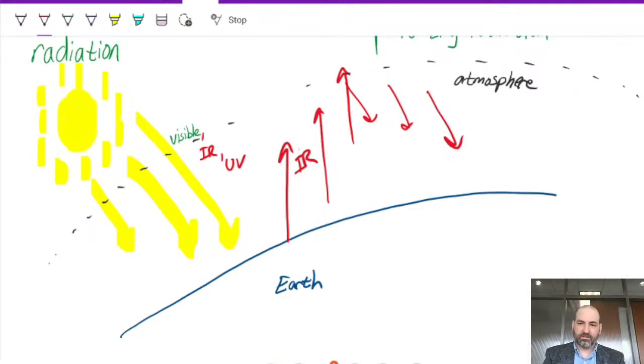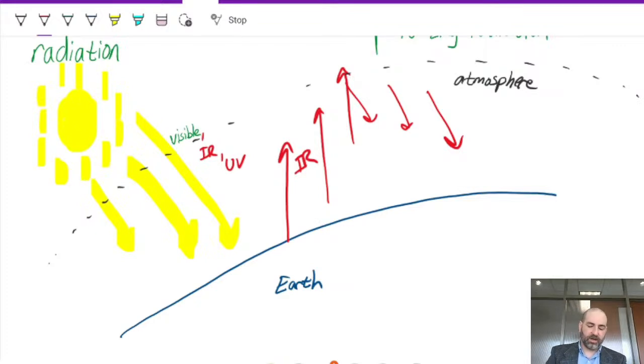So in order for this whole thing that I'm drawing here to work out in our favor, it has to be balanced at a particular temperature that works well for us and all the systems that we depend on. If that gets out of balance, then we're in trouble, and that's where we see ourselves now.